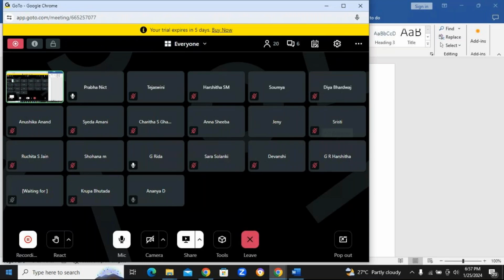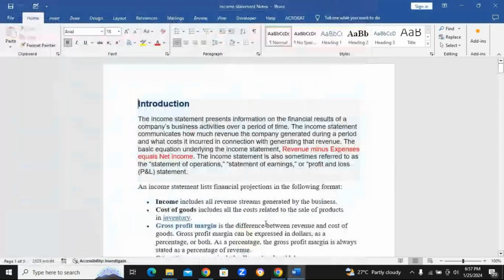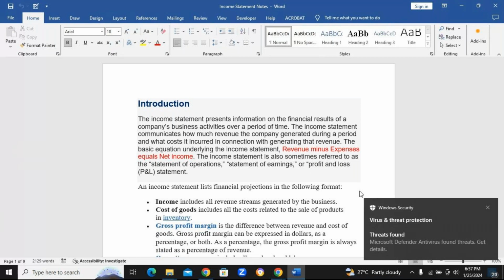Okay, now let's continue further. What is an income statement in a company?